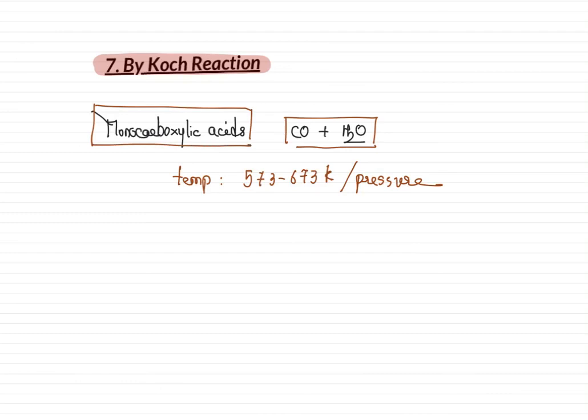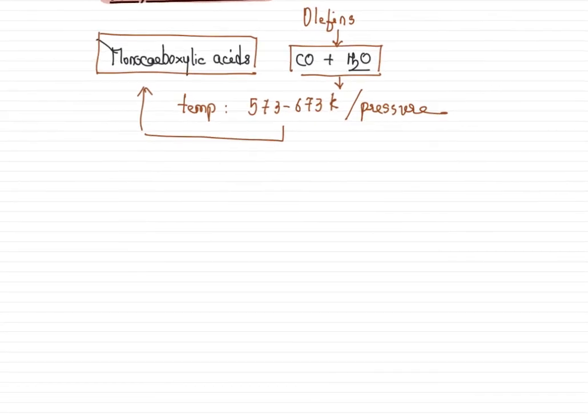And you can have monocarboxylic acids produced, and the reaction takes place from olefins. So olefins, which are alkenes, can be treated with this, and this would give you monocarboxylic acids. So this is how the reaction is done. Let me give you some specific examples.